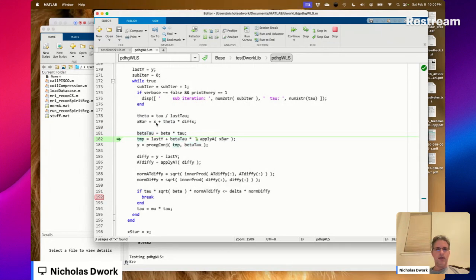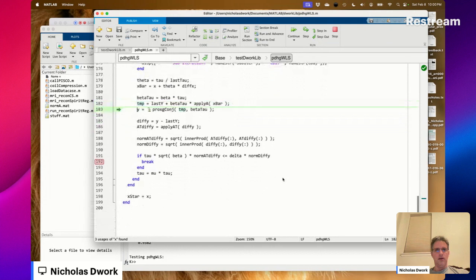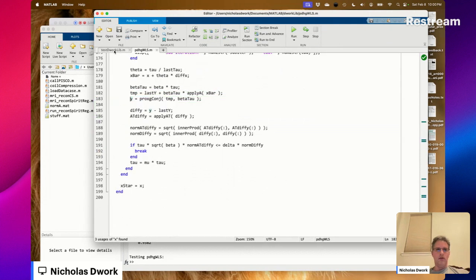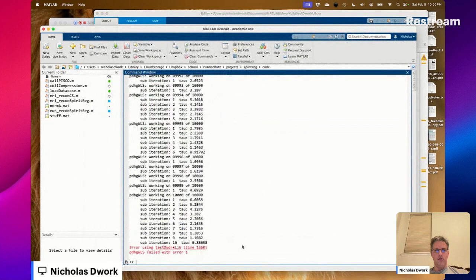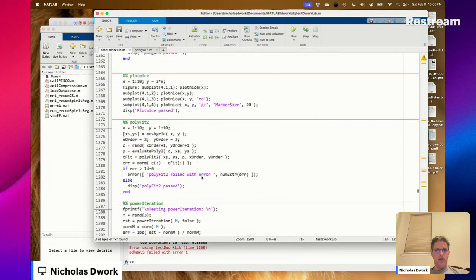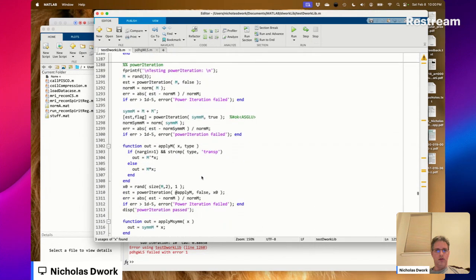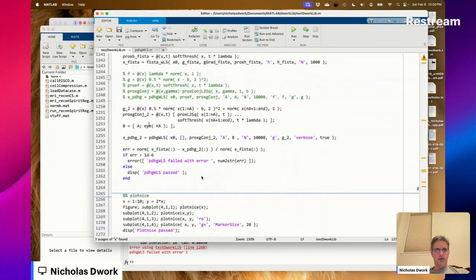Now XBAR is tiny. I should call this testo.